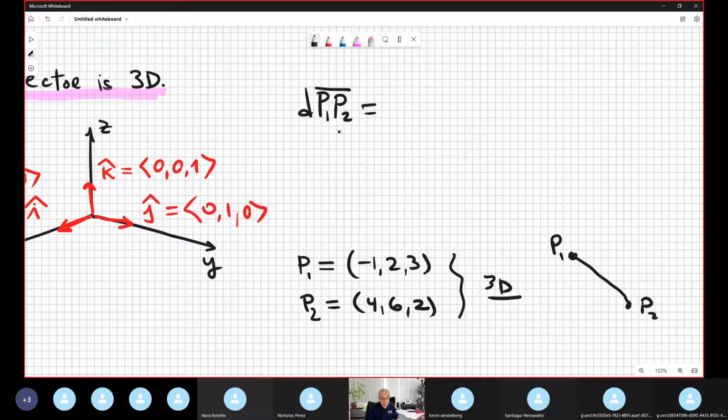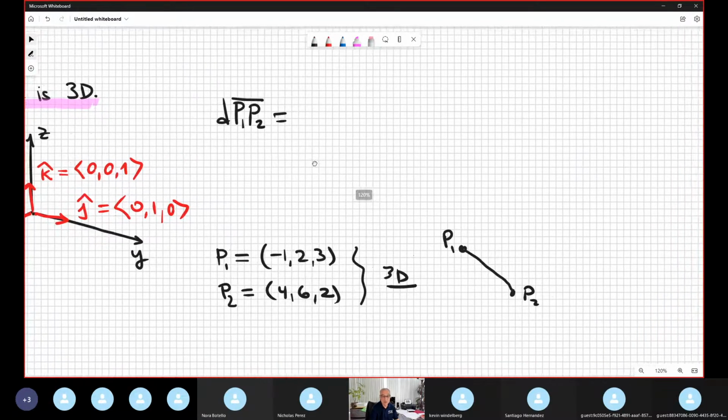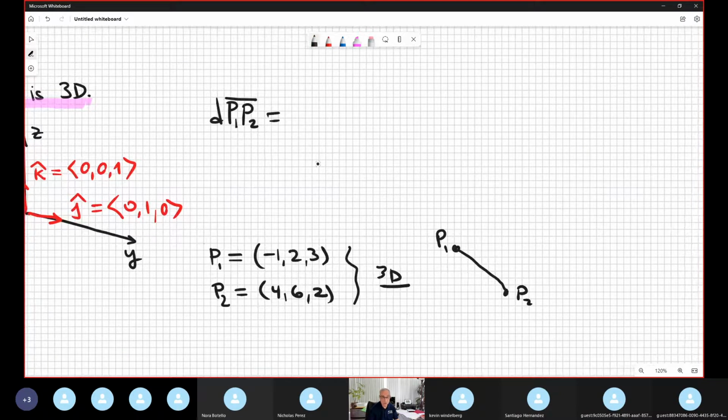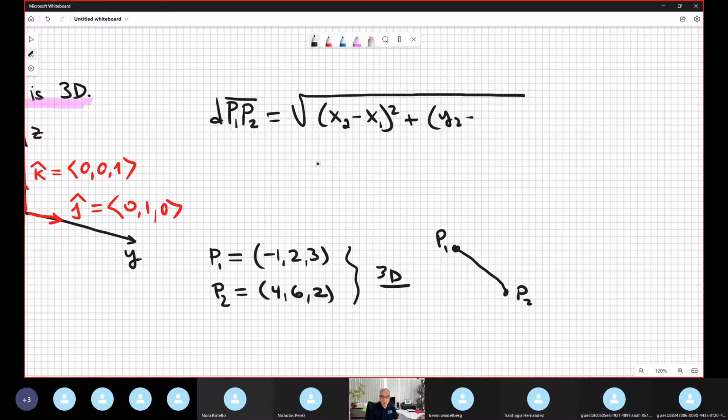The formula is very similar to 2D. We studied it in scalar algebra, but now in trigonometry, we extend the idea to 3 dimensions. So, square root of x2 minus x1 squared plus y2 minus y1 squared plus z2 minus z1 squared, and everything enclosed in the square root.